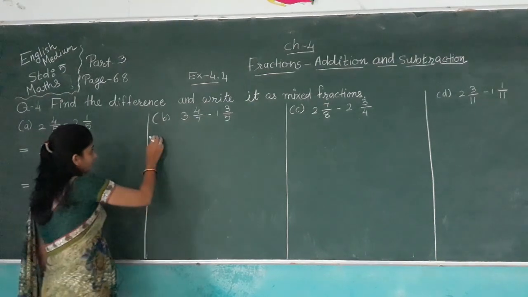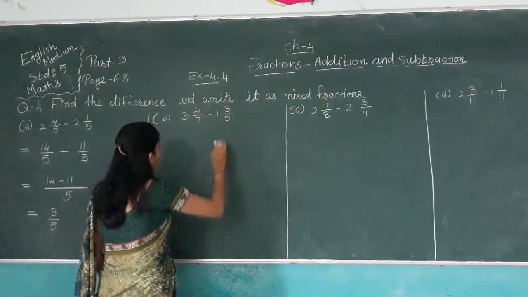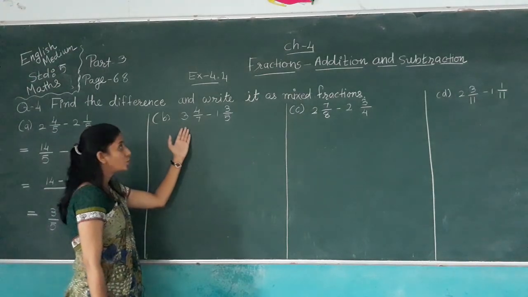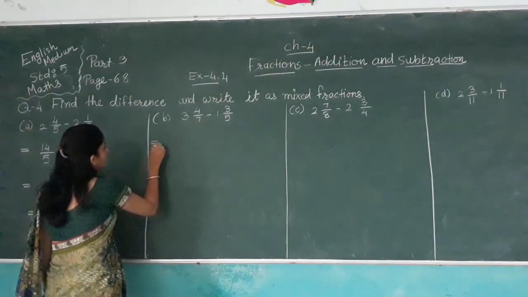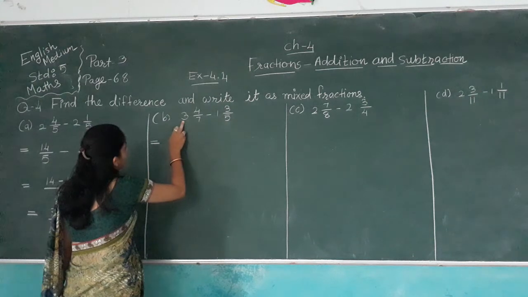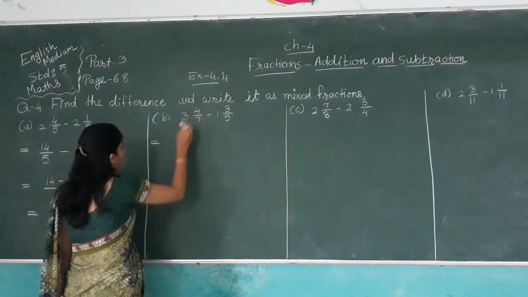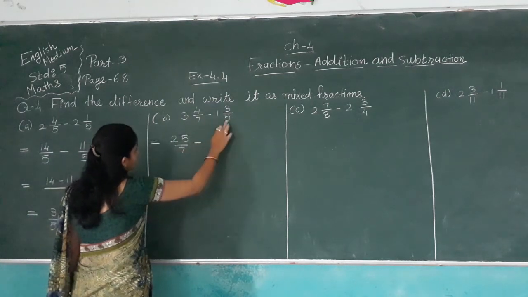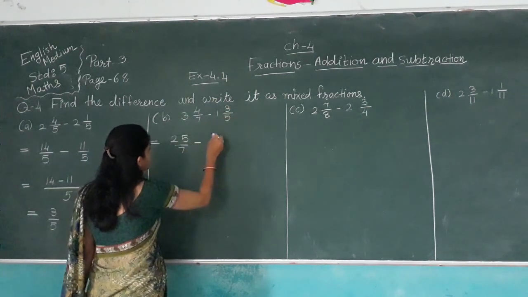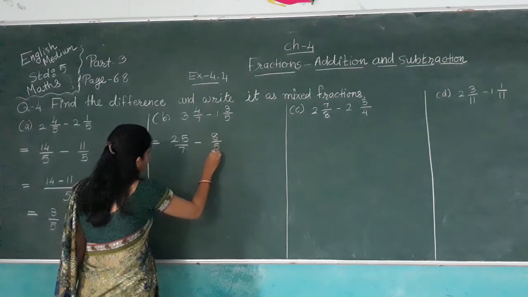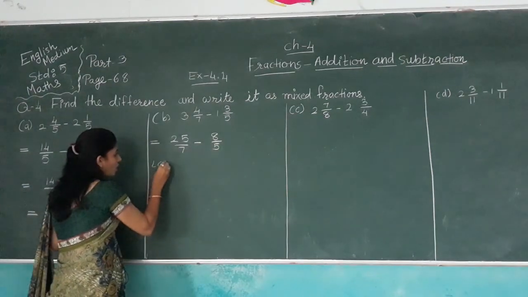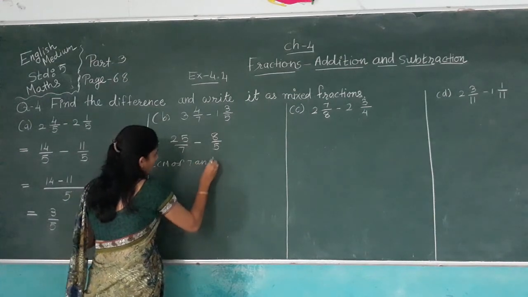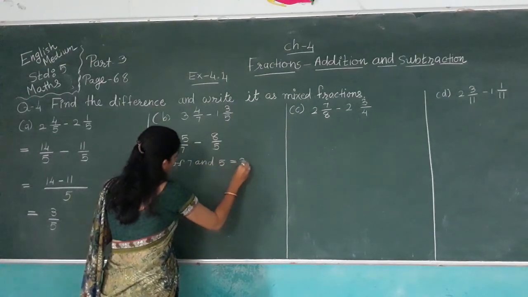Now the next one. Here both denominators are different, but first convert the mixed fraction into improper fractions. 7 3s are 21, 21 plus 4, 25 out of 7. Minus 5 1s are 5 plus 3, 8 out of 5. LCM of 7 and 5 is equal to 35.